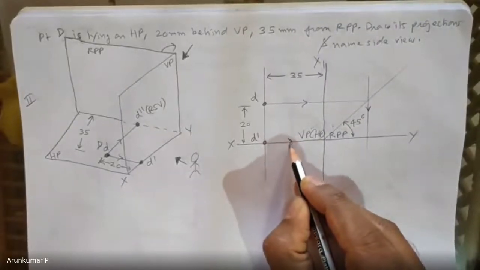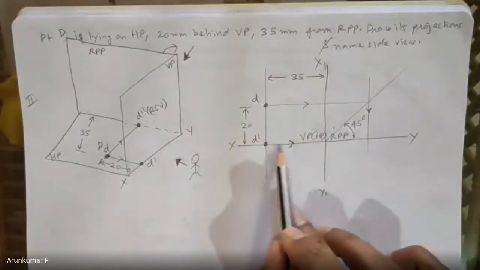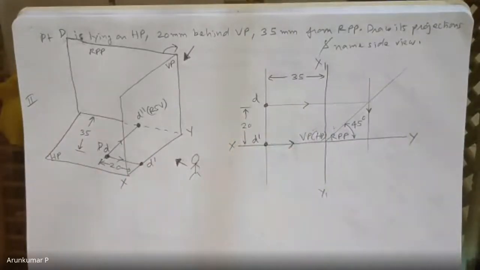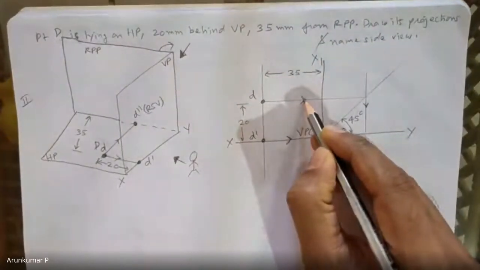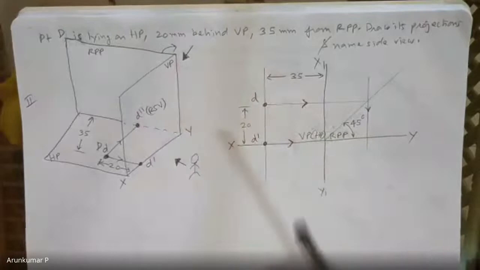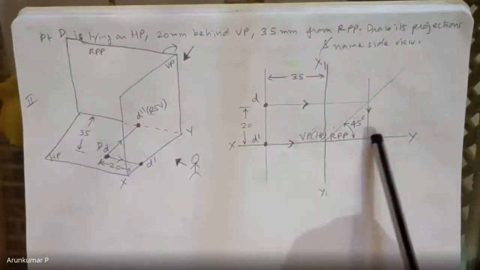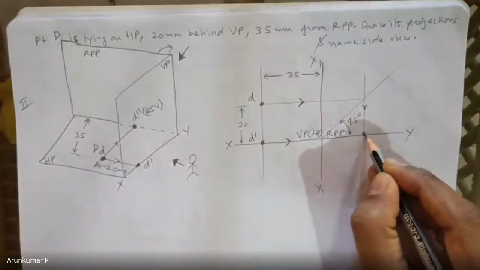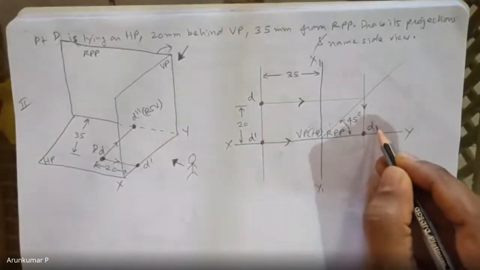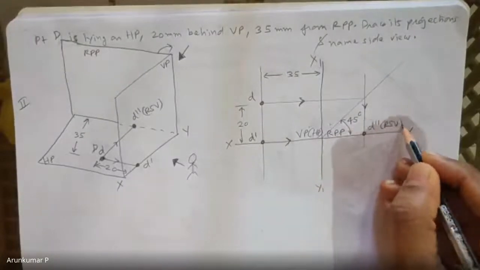So all I have to do is draw one arrow indicating that this is a projector line which is the same as the XY line. So what will happen is the projector of the top view and the projector of the front view are going to intersect at this point. And this is D double dash, your right side view.